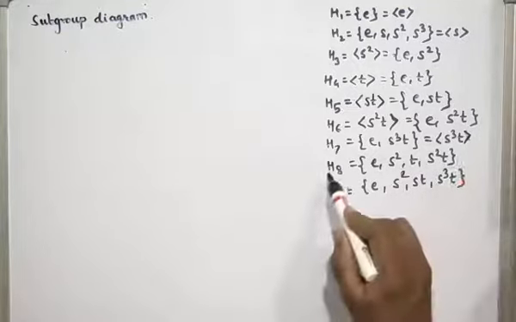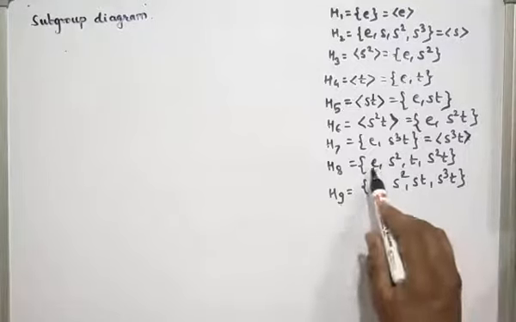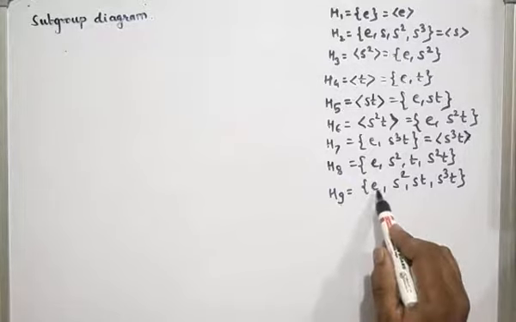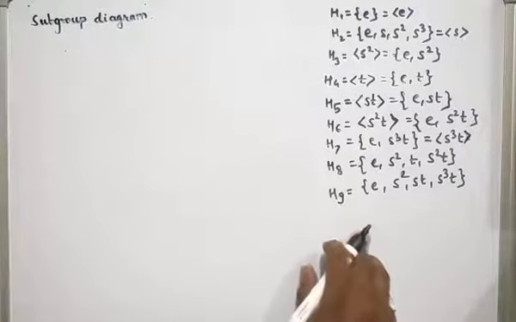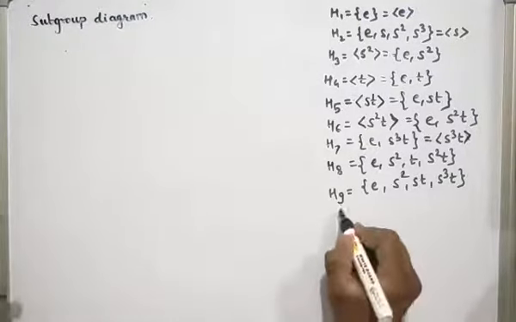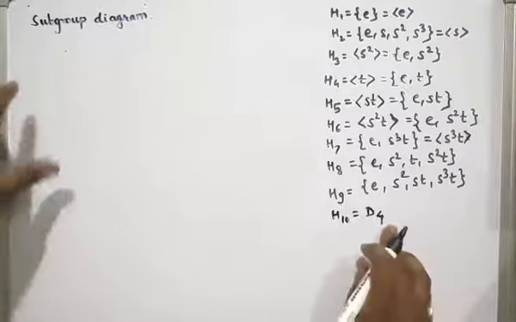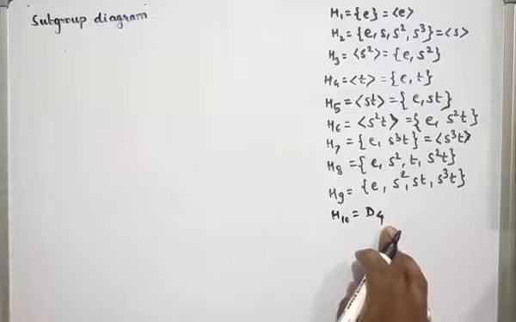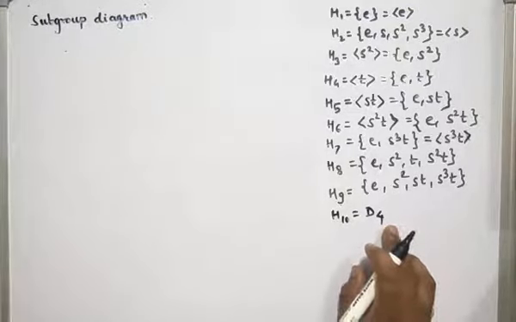So H8 and H9 are abelian groups, both isomorphic to the Klein 4 group, right? Next and last, H10, which is D4. We have seen in the previous part that D4 has 8 elements in total.